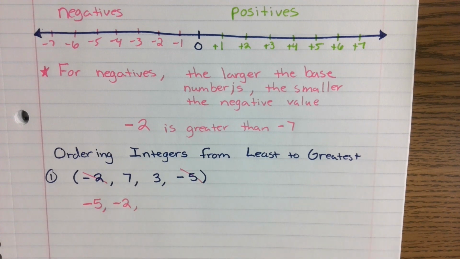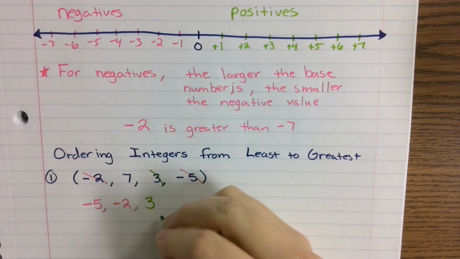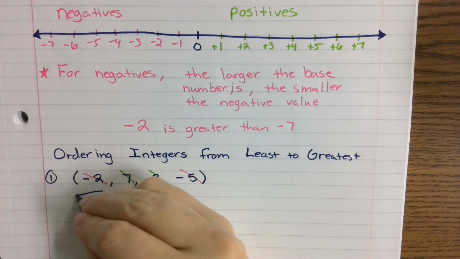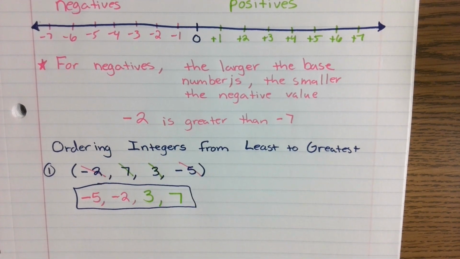And positive numbers you can order easily. Which one's smaller, guys? A 7 or a 3? A 3. So I'm going to cross off the 3, and then I end with the 7. And there is my order from least to greatest. -5, -2, +3, +7.